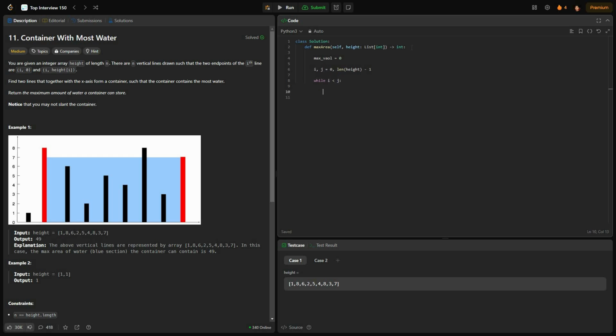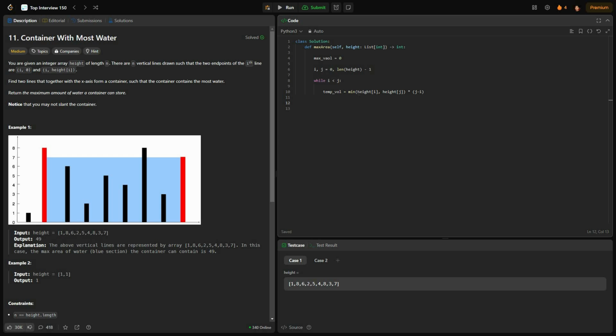Now we are going to find the temporary volume in that area. The temporary volume would be, using our formula, the minimum of height of i and height of j, whichever is minimum, multiplied by j minus i.